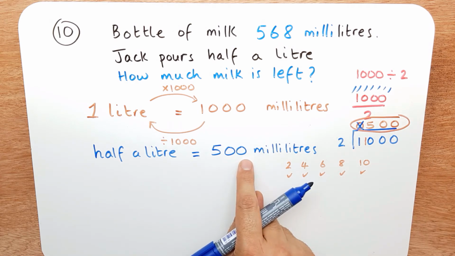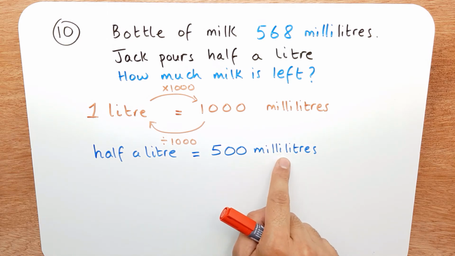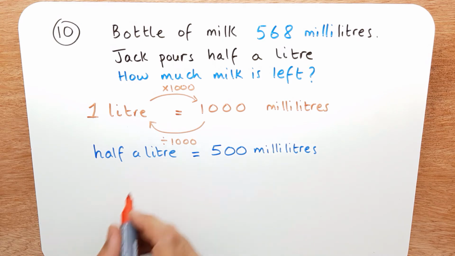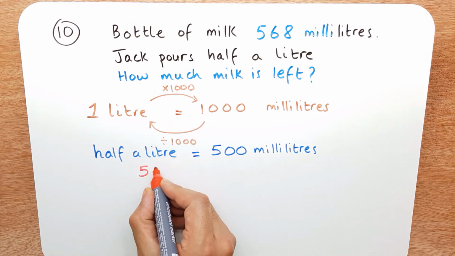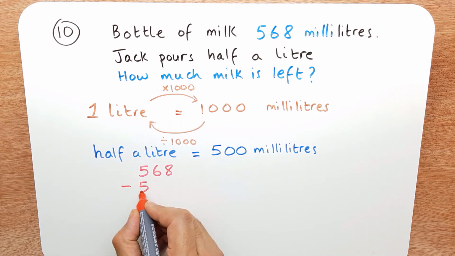So it's there. Now, we've poured out 500 milliliters. So we need to ask how much have we got left. So our calculation is 568 take away 500.